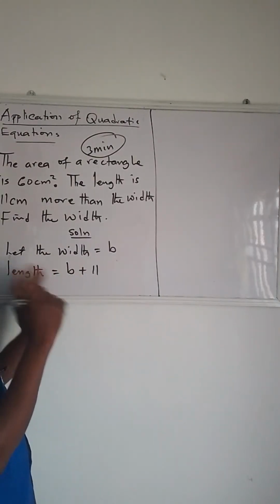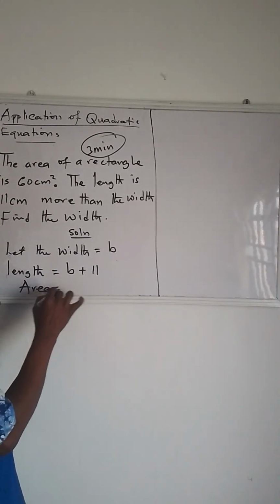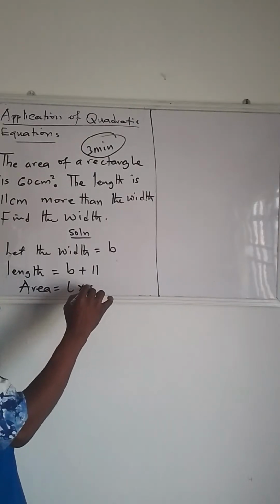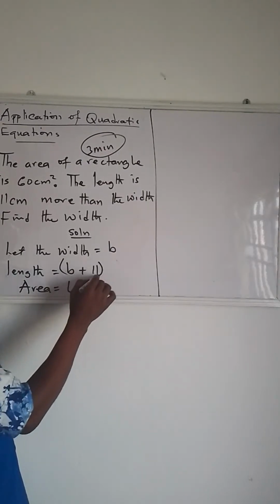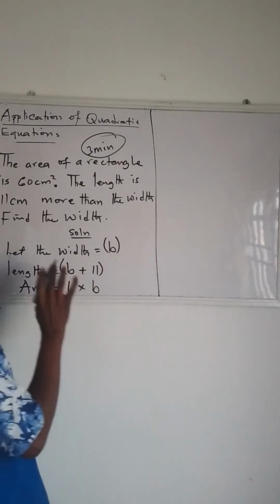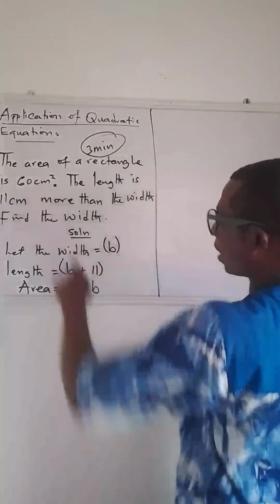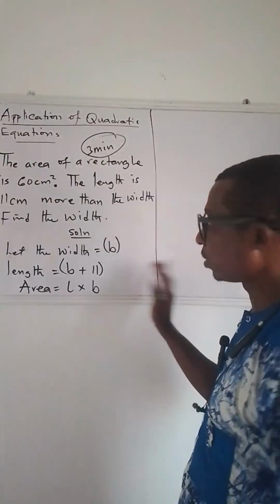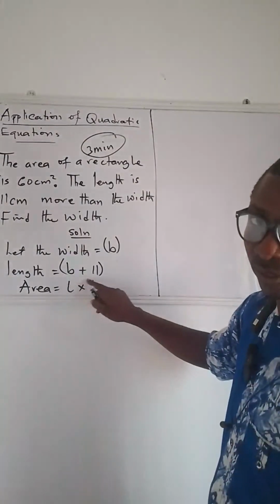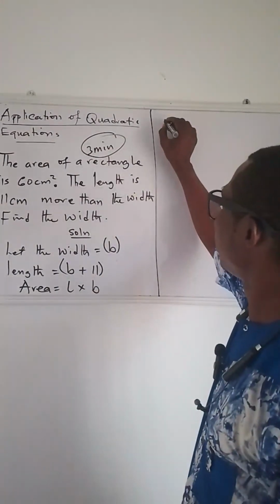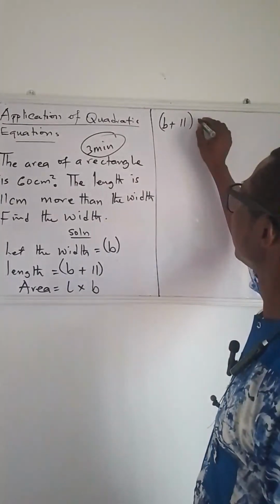Hope you understand that. Now, I will now use this formula. Area of a rectangle is length times breadth, or length times width. Now, this is my length and this is my breadth. So I will now write, since area has been given in the question to be 60, length times breadth equals to 60. The length is b plus 11, times the breadth.